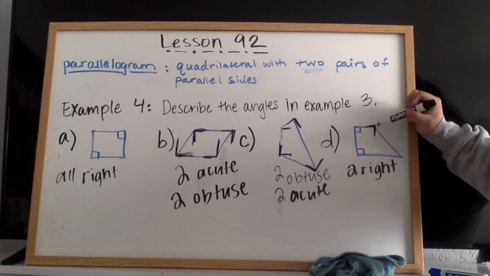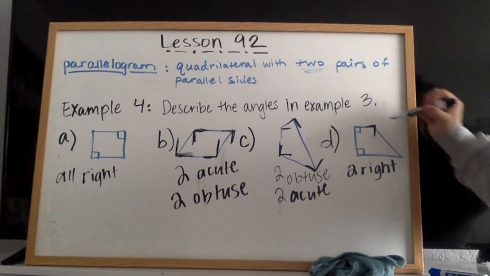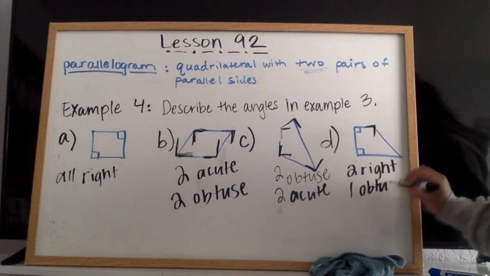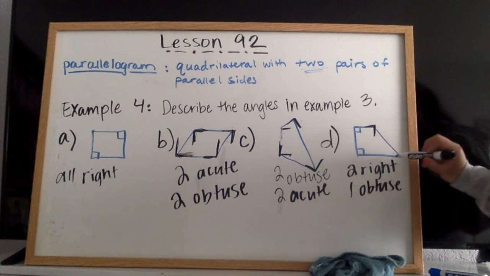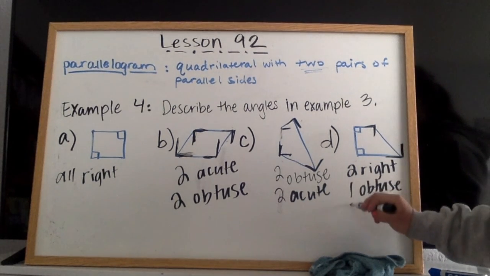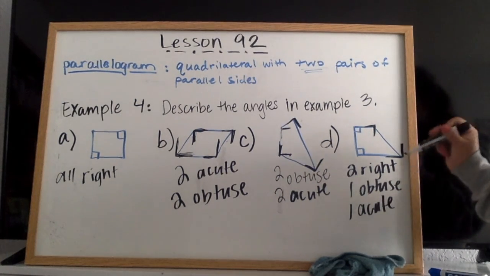So this one, the angle is bigger than an L, so that's obtuse. And then in this angle, I'm going to draw my L. It's smaller than the L, so that's an acute. So in letter D, there are 3 types of angles.